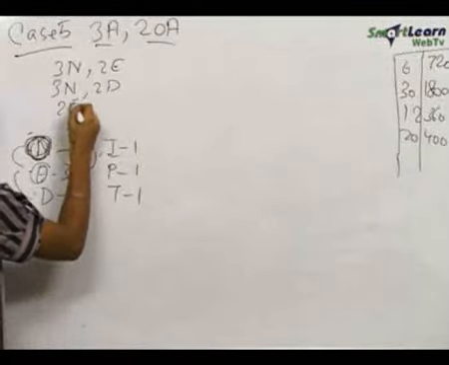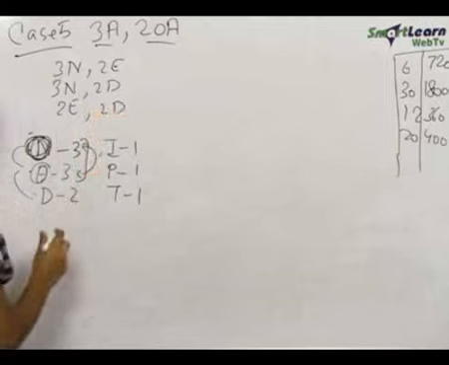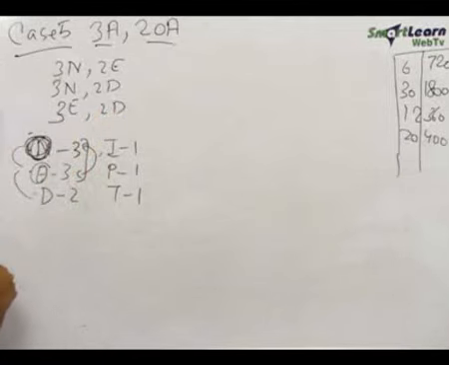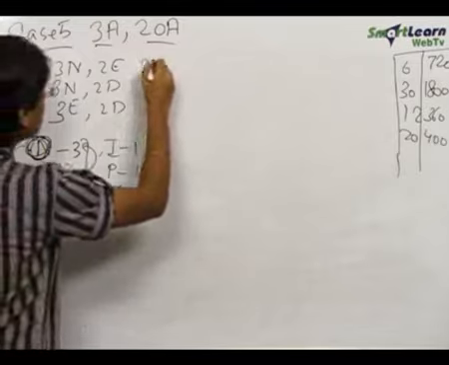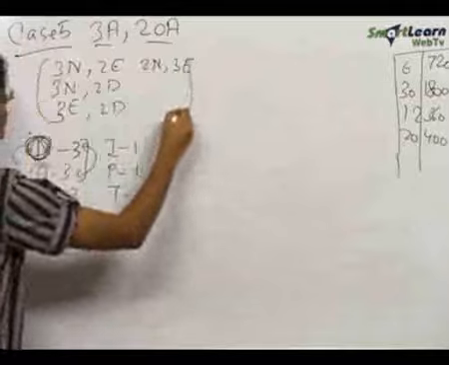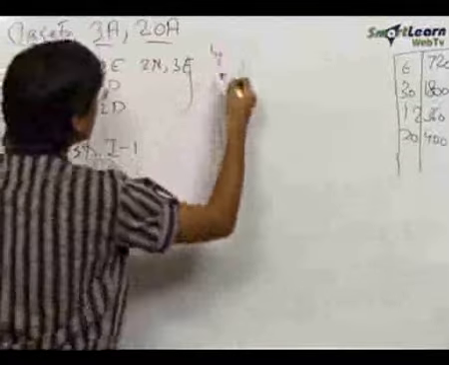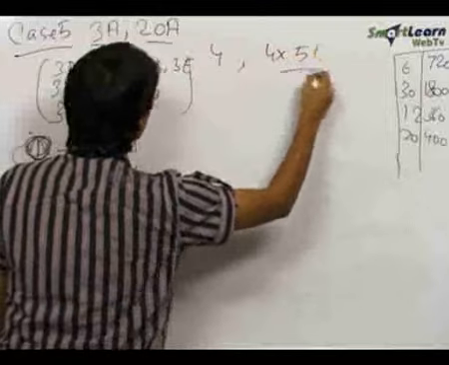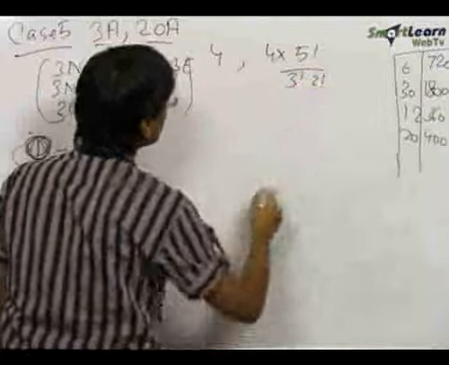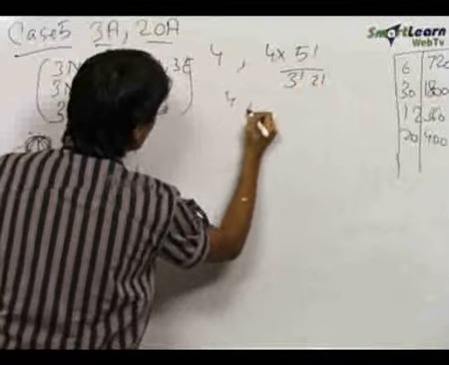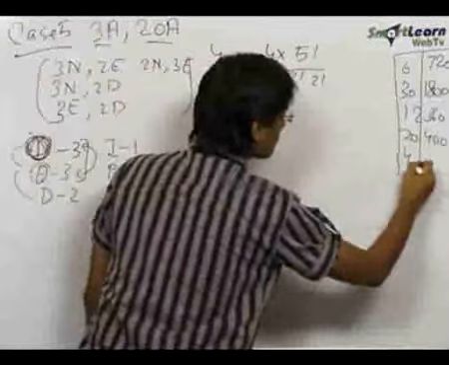We can have 3E and 2D. Or what we can have is 2N and 3E. So these are the 4 cases possible over here. And the number of words that can be formed are 4 into 5 factorial upon 3 factorial, 2 factorial. This is 120 divided by 12 is 10. So this is 4 and 40.